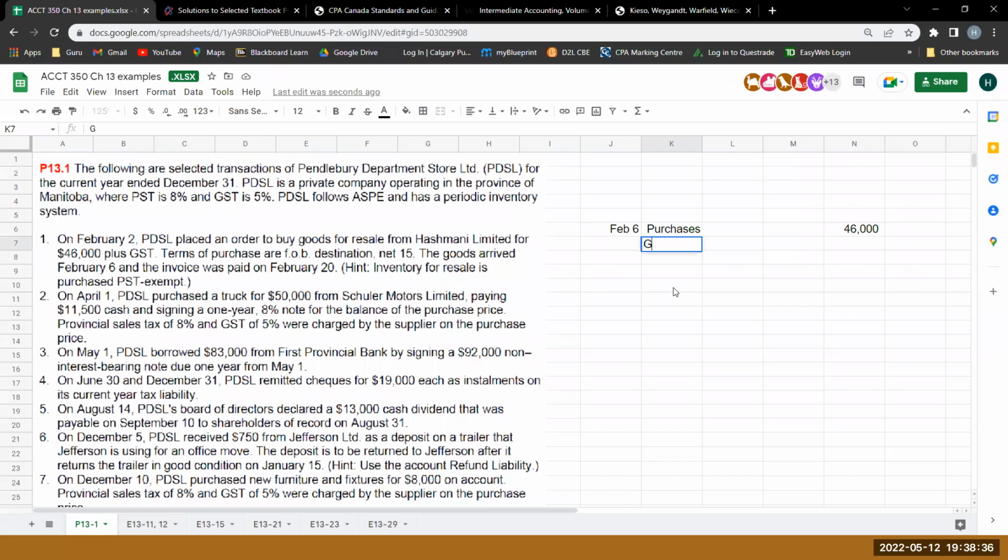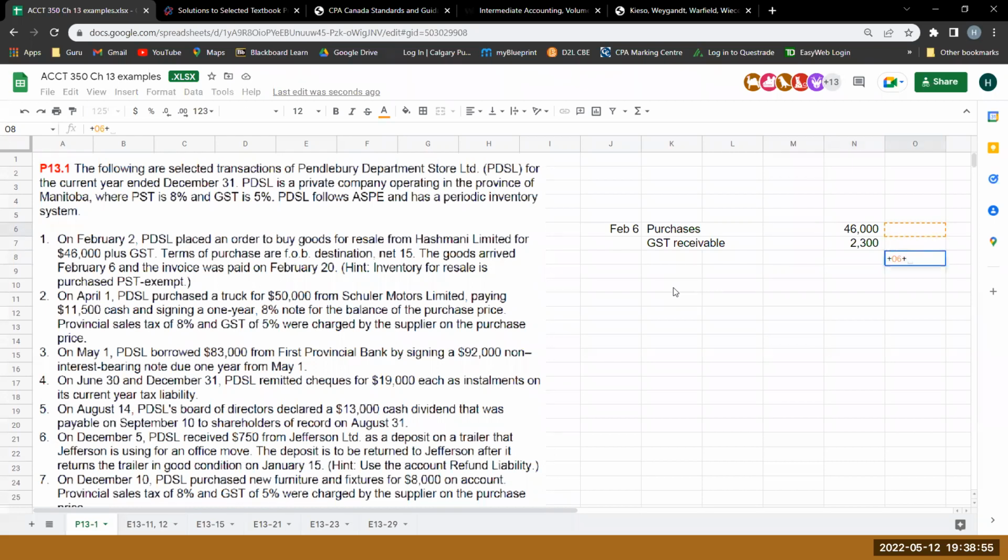So here, if we went with GST receivable, the amount of goods and services tax on $46,000 at 5% is $2,300. That's the GST.